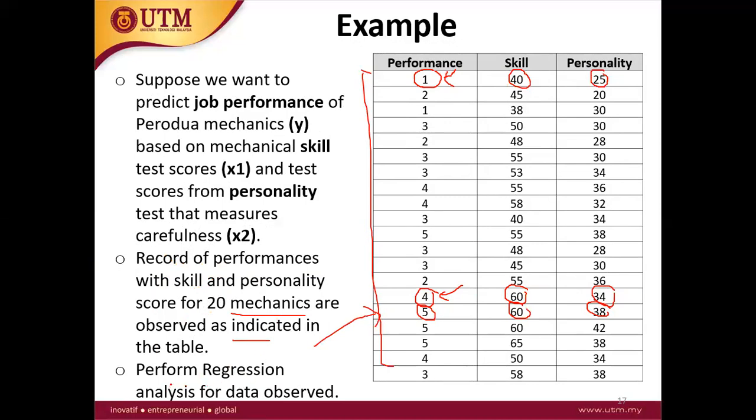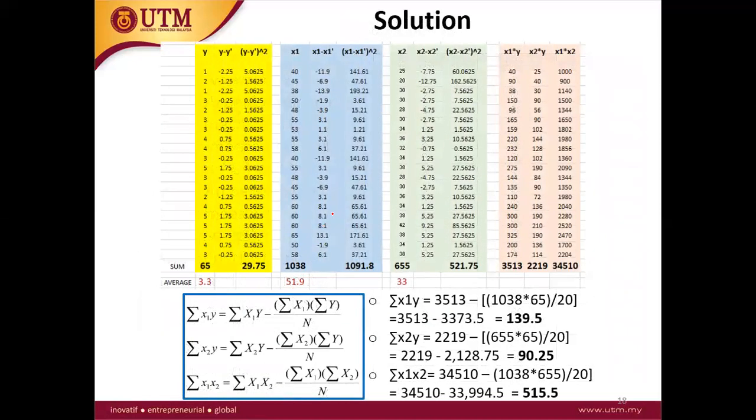So now we perform the regression analysis for the data observed. This is the solution. It looks more complex compared to simple regression, because now we have two independent variables, X1 and X2, and one dependent variable.